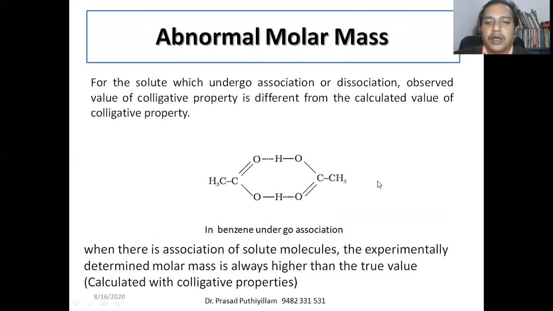They undergo association because of the formation of hydrogen bonding like this. Two acetic acid molecules will always exist as a combined unit in benzene solution. So here the solute molecules undergo association, and the experimentally determined molar mass is higher than the true value. True value means the one calculated with the colligative property.